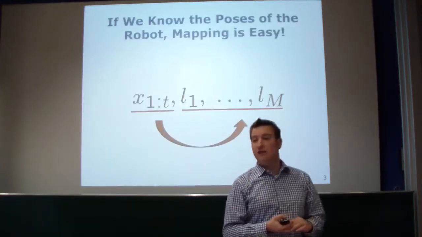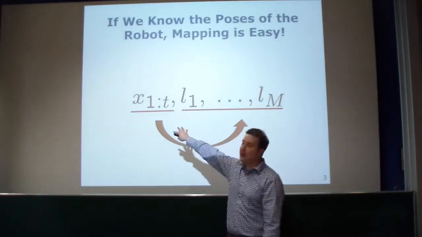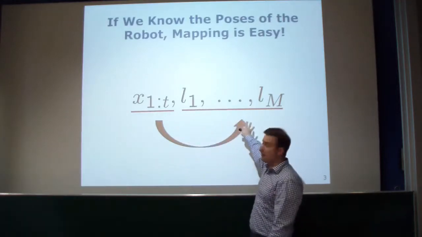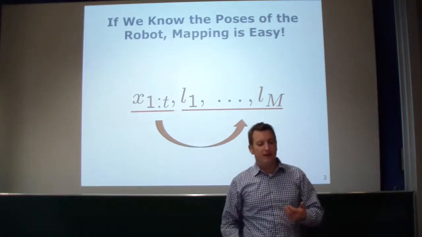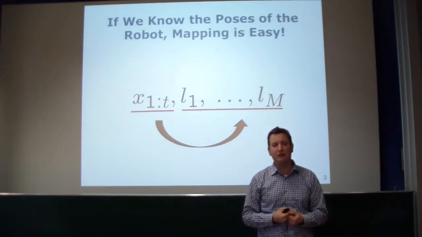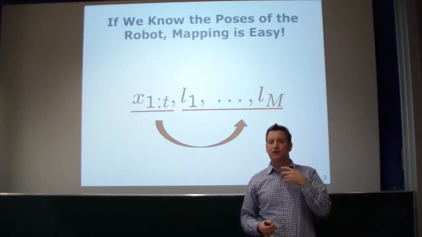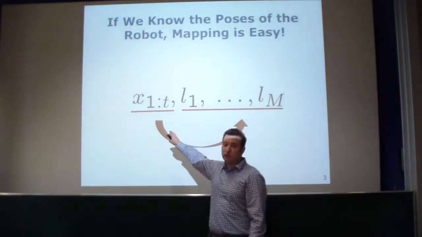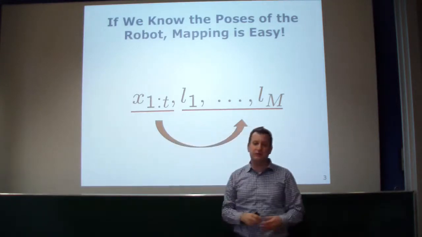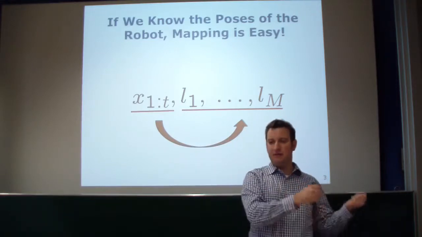Therefore, we exploited a dependency in the state space between the trajectory of the robot, x1 to t, and the landmarks L1 to Lm: if we know where the robot was at a certain point in time, then the mapping problem is easy. We could show that if we know the trajectory of the robot, the individual landmark estimates are independent of each other, so they are conditionally independent given the poses.